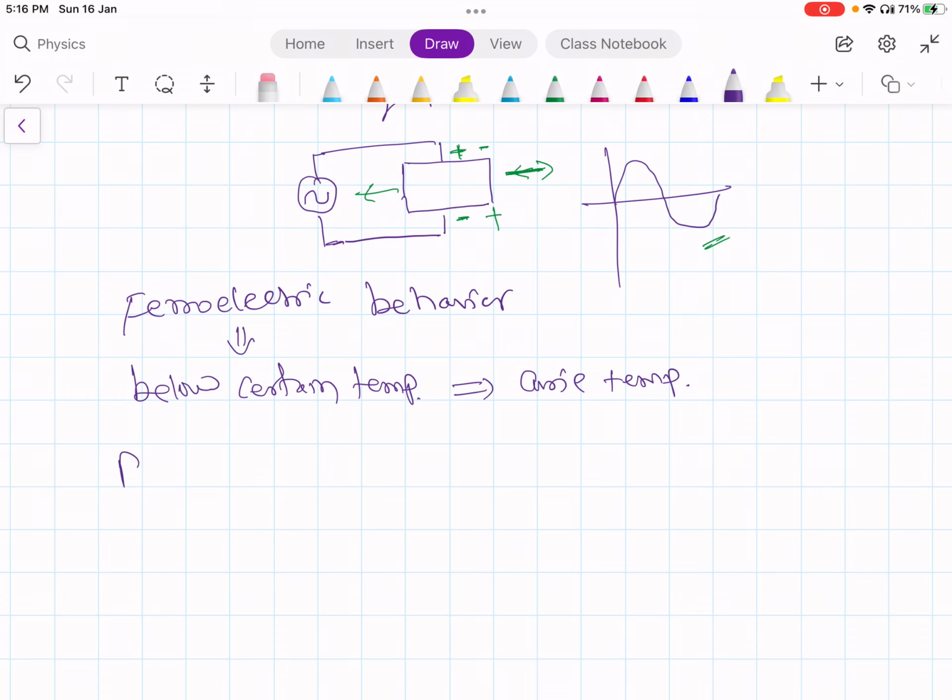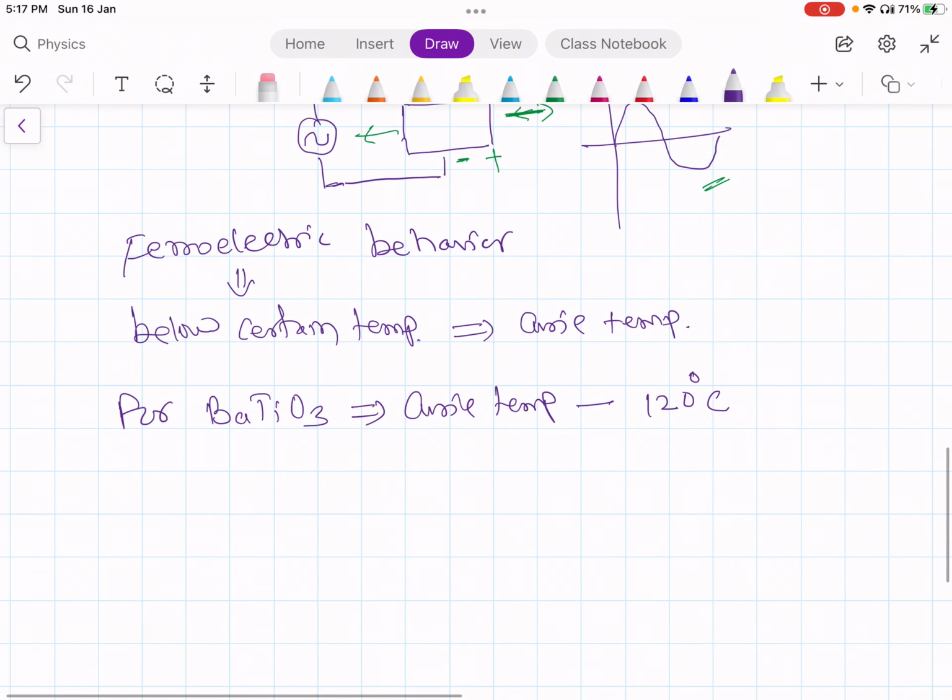And for barium titanate, Curie temperature is 120 degrees Celsius. And so below 120 degrees Celsius, it shows ferroelectric behavior.